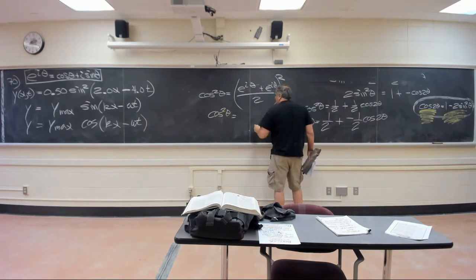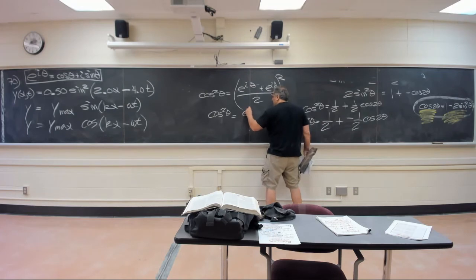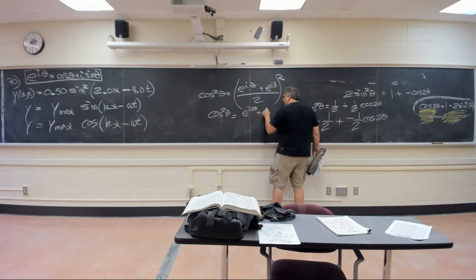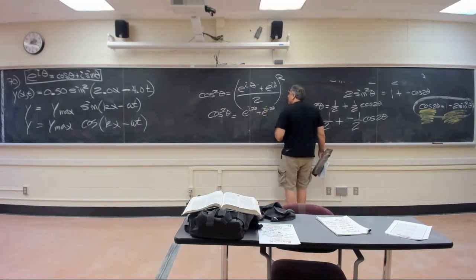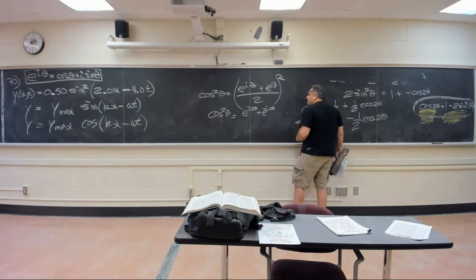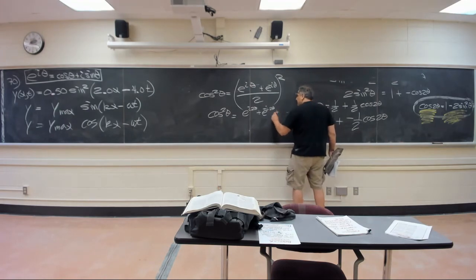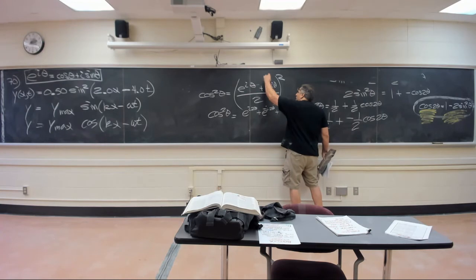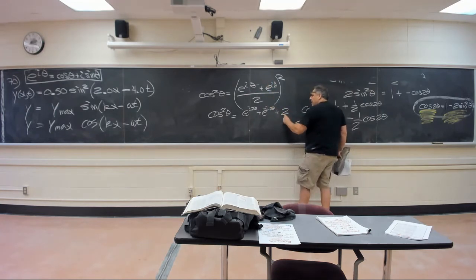well, here we go again. It's going to be e to the i 2 theta plus e to the negative i 2 theta plus 1 and 1 plus 2.